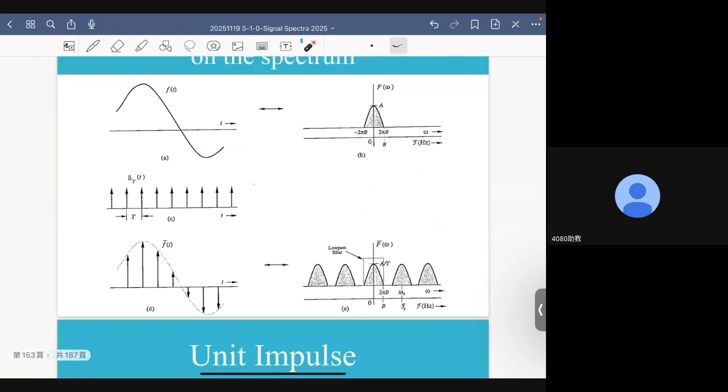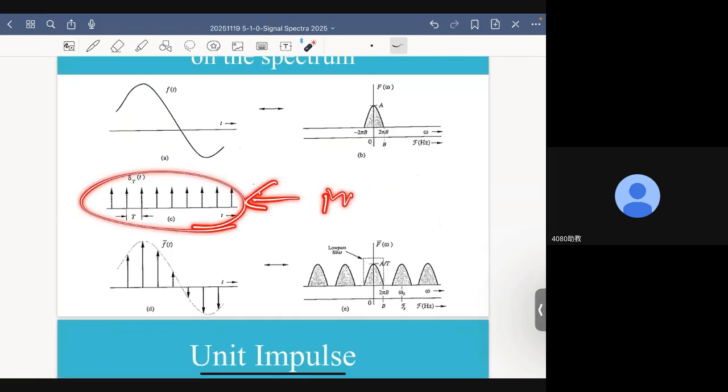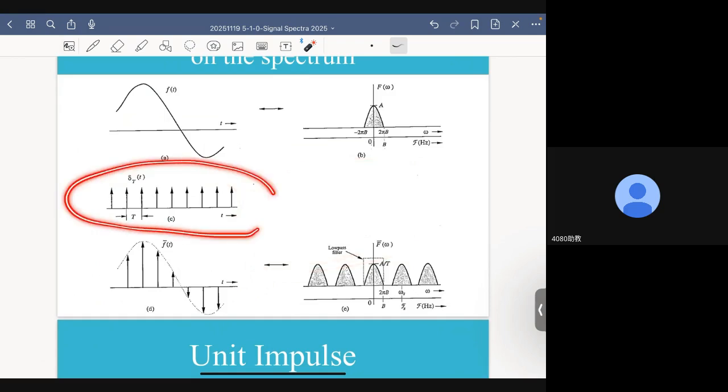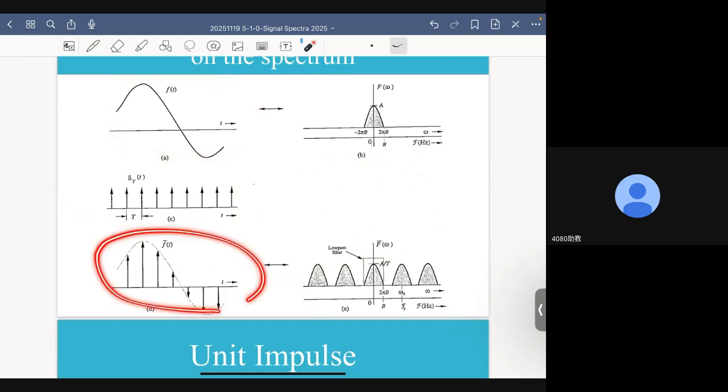Now, what we have here is an impulse train. I can multiply this impulse train with this signal, and this is what I get by performing such a multiplication.